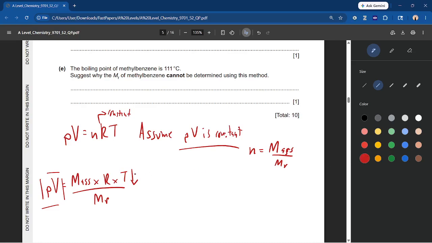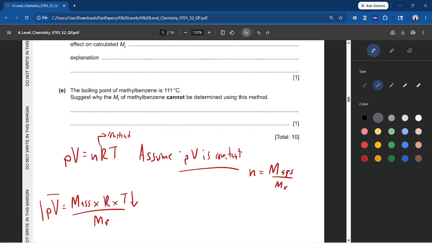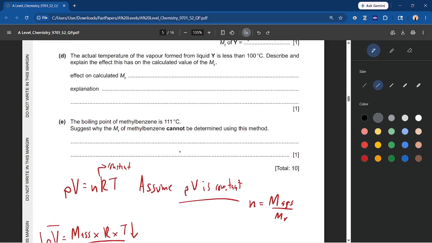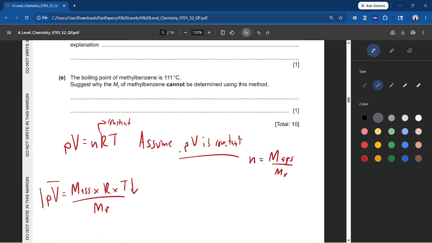If your temperature decreases, since your temperature is lower, your mass can't be the same, right? Actually, let's not rearrange the equation. Or maybe we can, actually. I'm just going to explain the effect this has on the calculated value of the MR. Mass is equal to that. So if your temperature is decreasing, well, let's not replace this, actually.